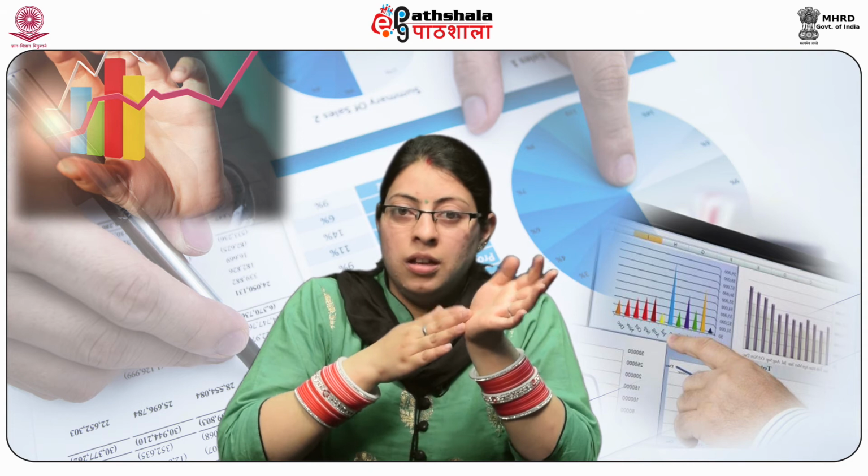When the ratio is more than 100%, it means that owner's funds are not sufficient to finance the fixed assets and the firm has to depend upon outsiders to finance its fixed assets. There is no rule of thumb, but to interpret this ratio, 60 to 65% is considered to be satisfactory.